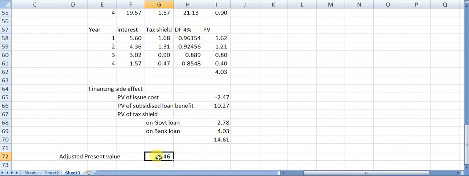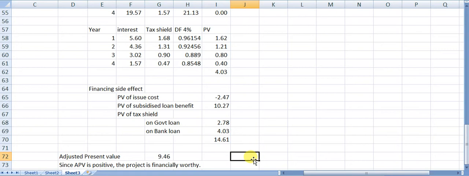Adjusted present value 9.46. Clear? Since adjusted present value is positive, the project is financially worthy. Financially worthy.